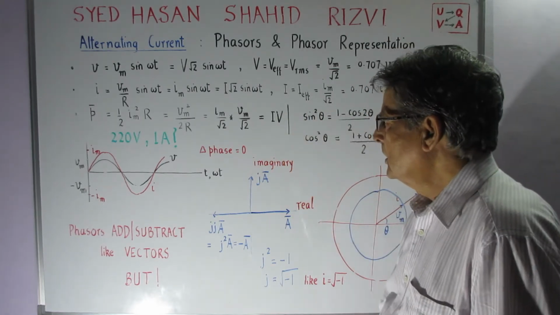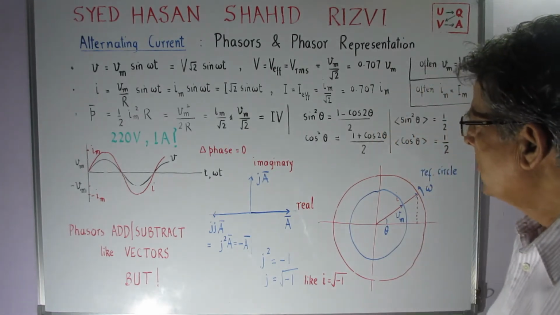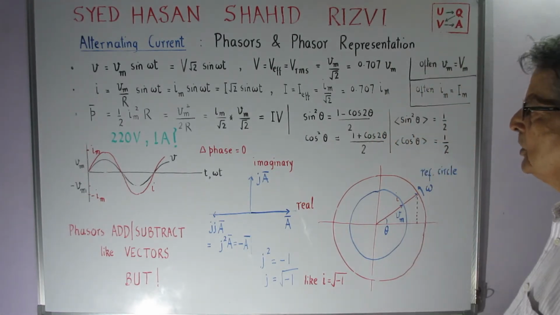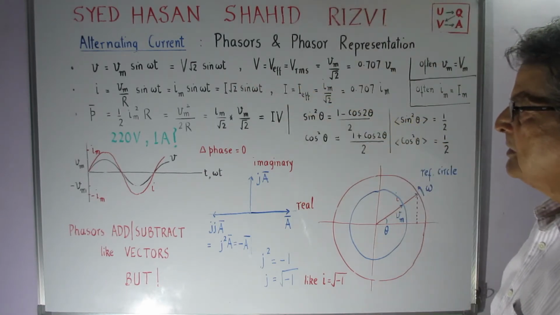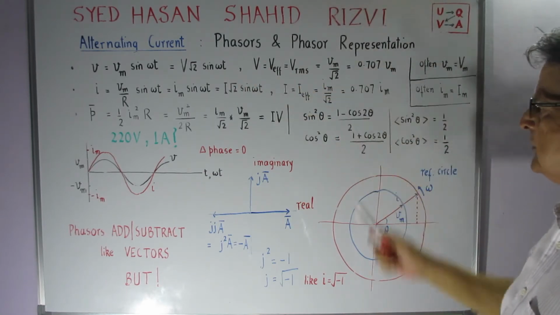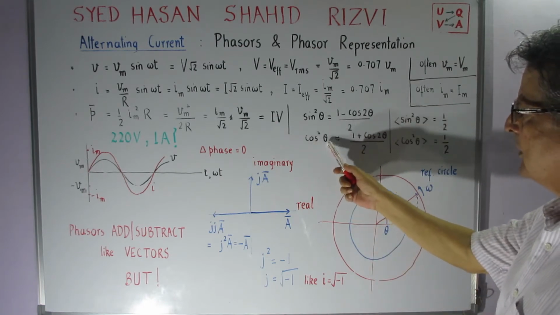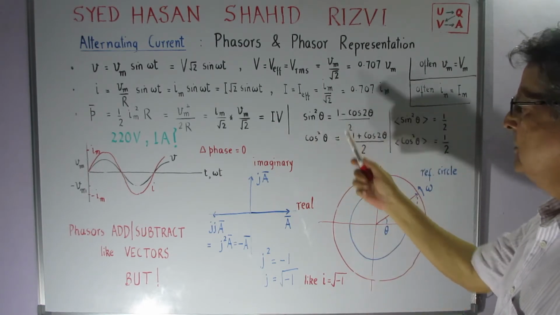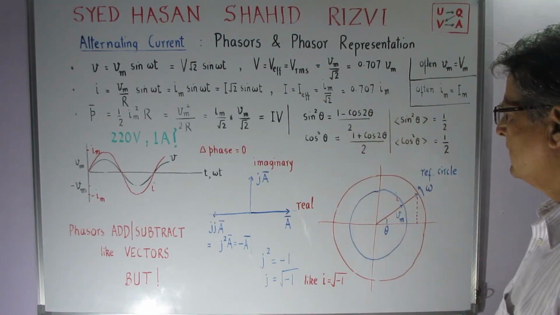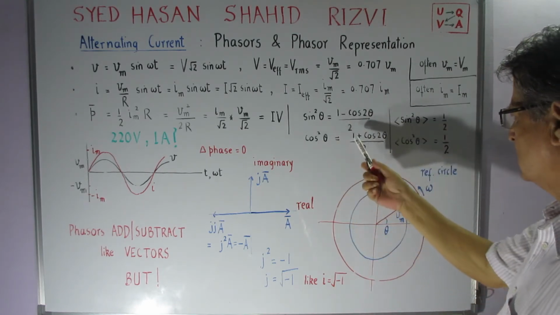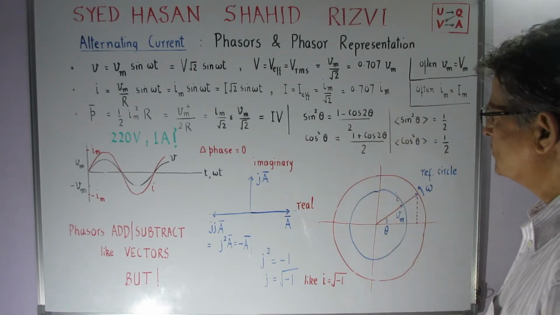So, in doing so, because when we square that term, we get a sine square omega t or cos square of omega t, and we found and told you that sine square of theta is equal to 1 minus cos 2 theta divided by 2, and cos square theta is equal to 1 plus cos 2 theta divided by 2.